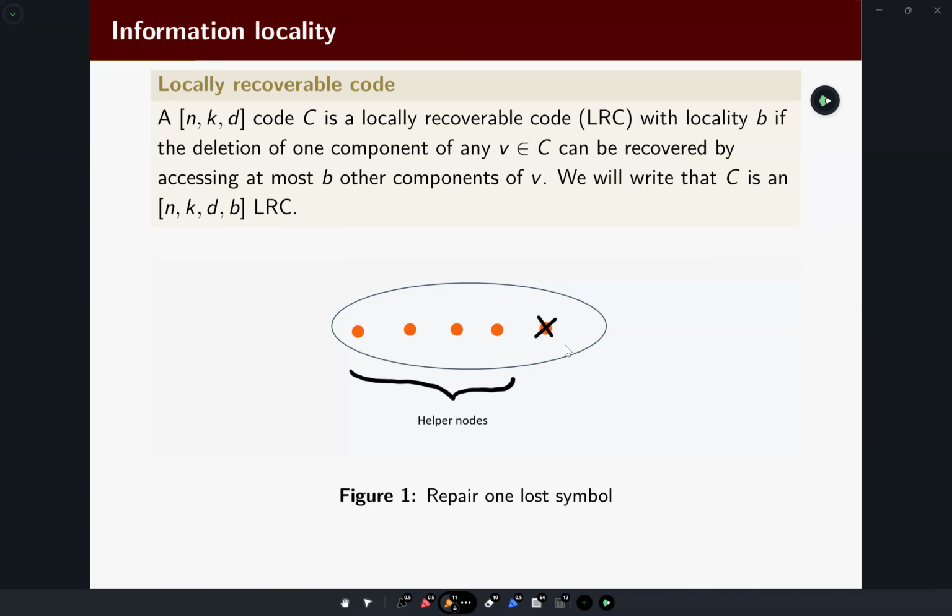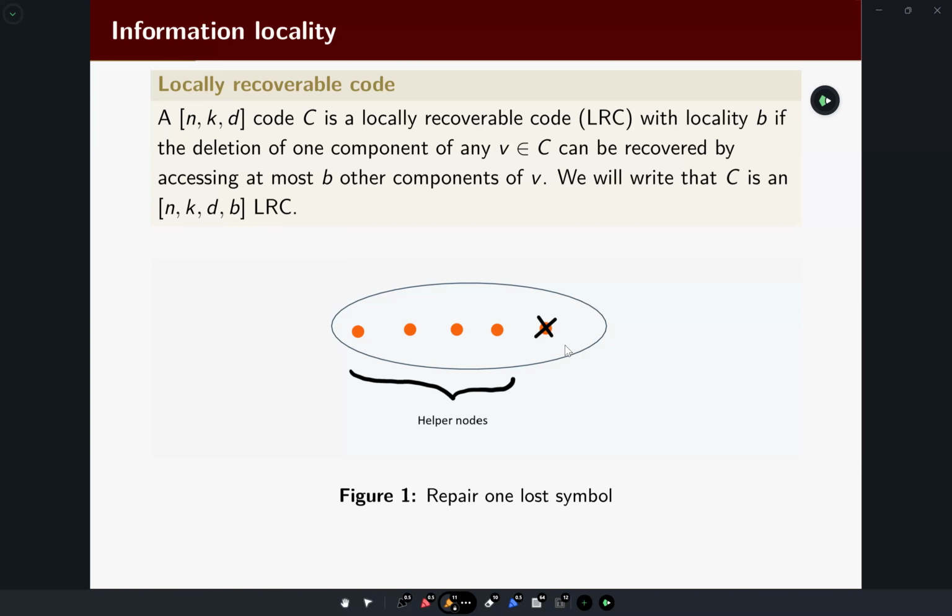This is a nice way to represent what is the meaning of locality.